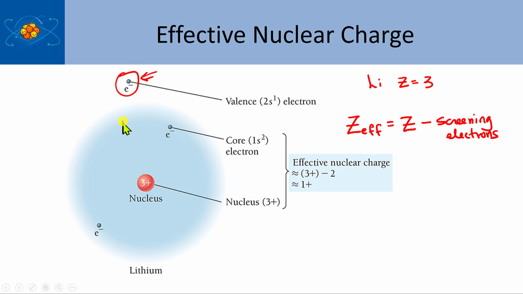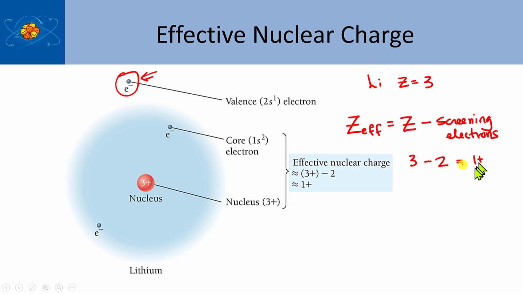And you can actually do this calculation for any atom, or any electron in the atom. But for this valence electron on lithium, it sees an effective nuclear charge of plus 1 because I have a 3 plus nucleus. I have 2 screening electrons. Those are the electrons in the 1s orbital. And so I get a 1 plus as my effective nuclear charge.